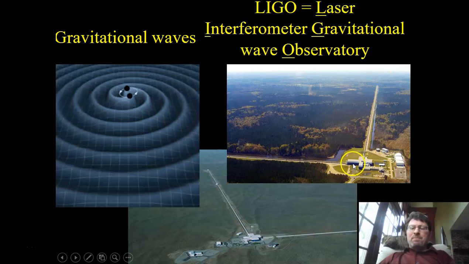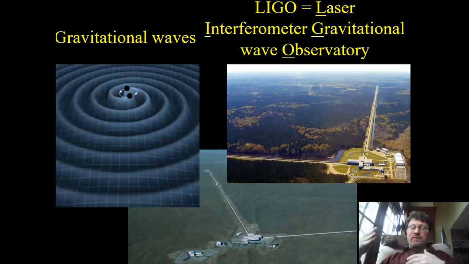And so what happens here is that a laser light is bouncing back and forth between mirrors on the ends of these arms. And an interferometer in general works under the principle that these laser lights that are bouncing back and forth experience a different path length.